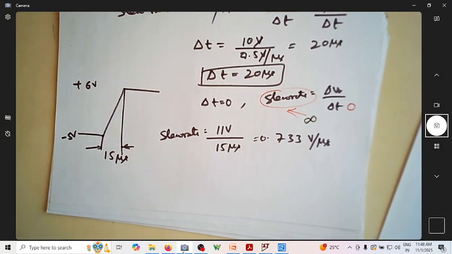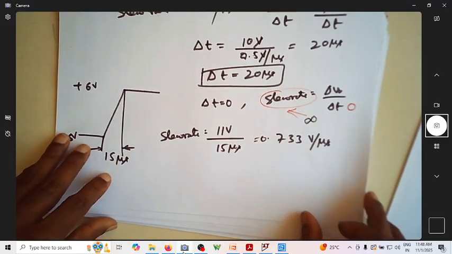Then comes another parameter, input offset voltage. We'll try to understand what this input offset voltage is.